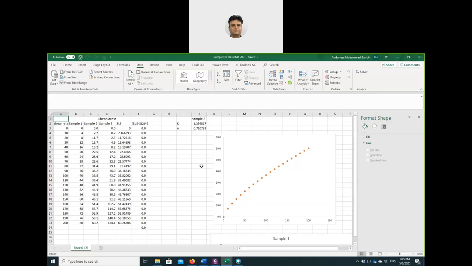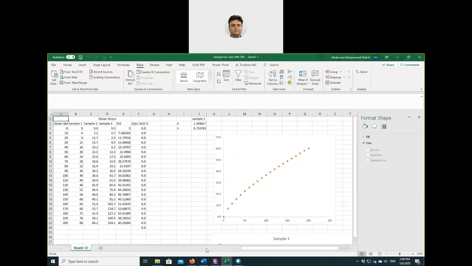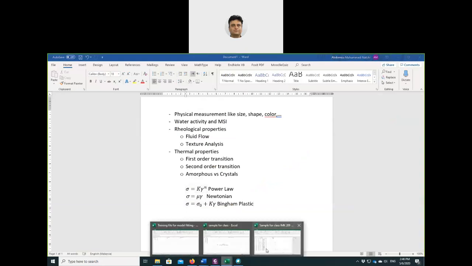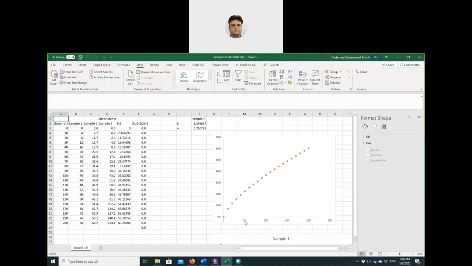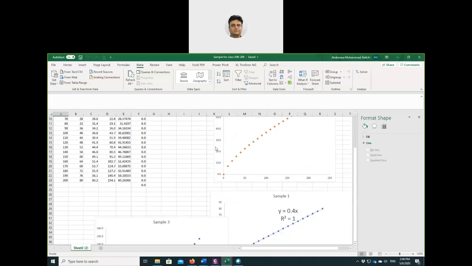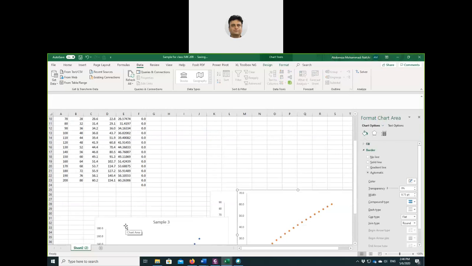If N is higher than 1, it will be shear thickening. So if we draw this one for sample 3, the third sample, I'm bringing the third sample here.